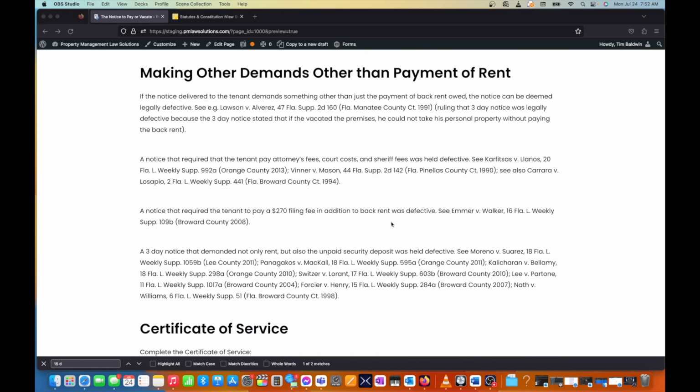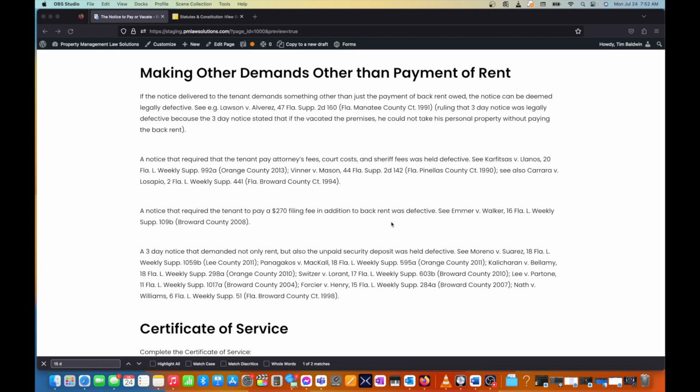Another important rule is never to demand anything other than payment of rent. You have seen some situations in the past where a landlord thinks that they can demand things like the security deposit that hasn't been paid yet. You cannot do that. You cannot include any deposit or anything that's just not defined as rent.